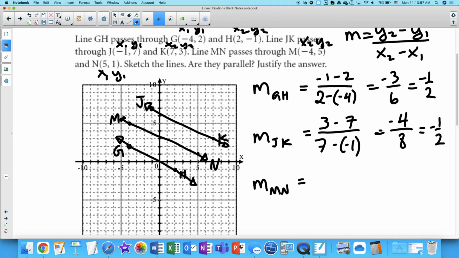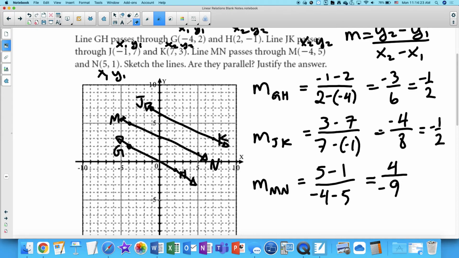So this time I'm going y2 minus y1, 5 minus 1, over x2 minus x1, negative 4 minus 5. And that becomes 5 minus 1 is 4, over negative 4 minus 5 is negative 9.